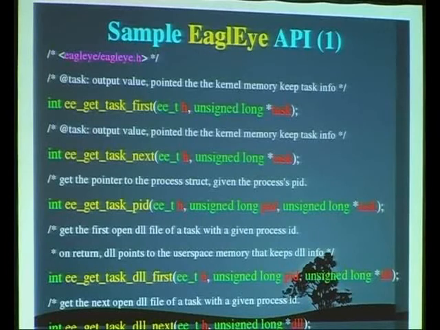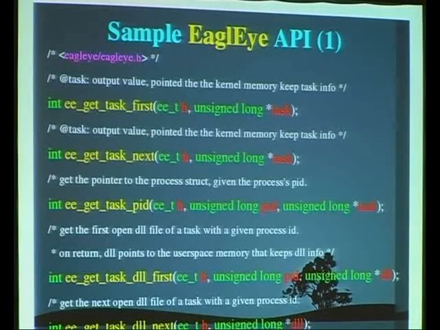So here's some simple API. For example, you want to get the first process in the list of all processes inside the virtual machine. You call the first function, get task first, and this one returns the object that keeps the information about the first process in the memory. After that, you call get task next to get the next process inside the list, and you repeat that again and again until you reach the last process inside the list of all the processes.